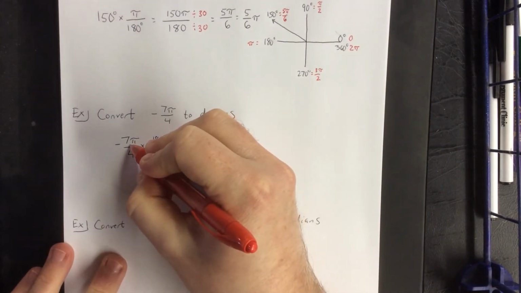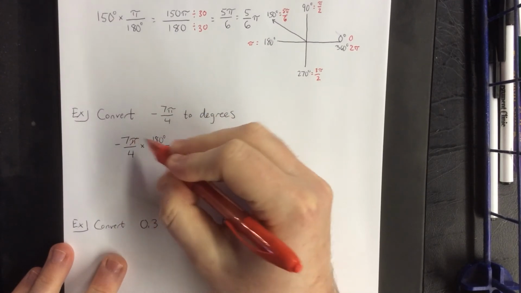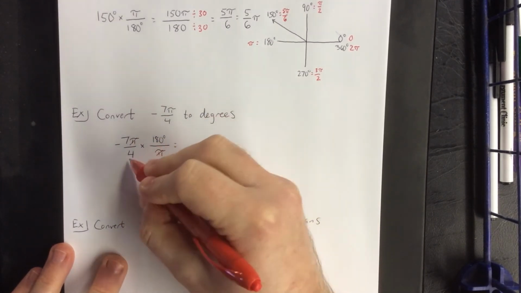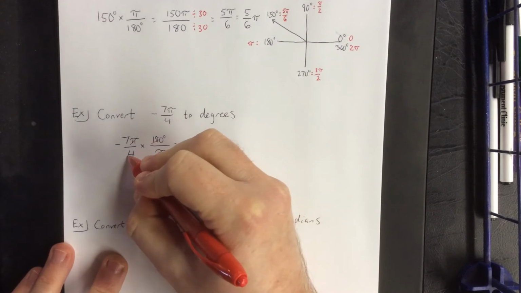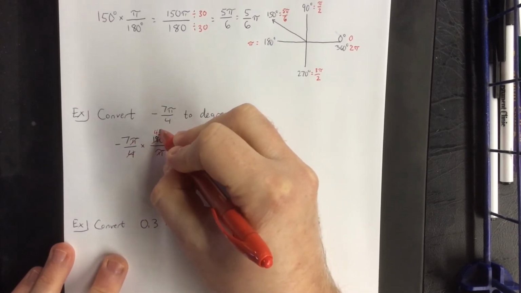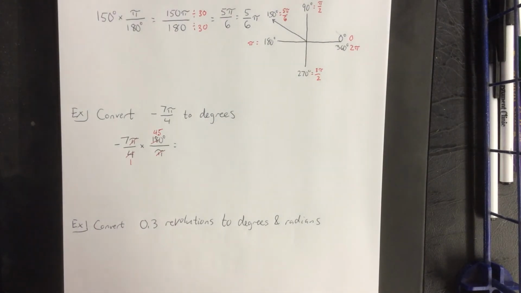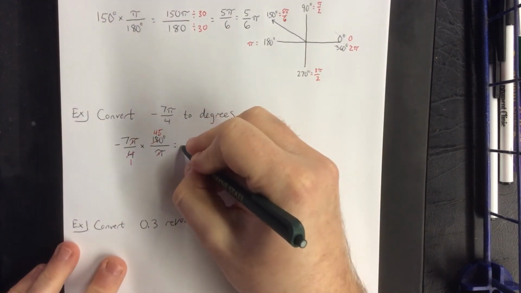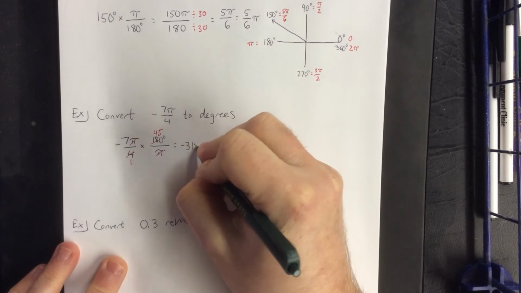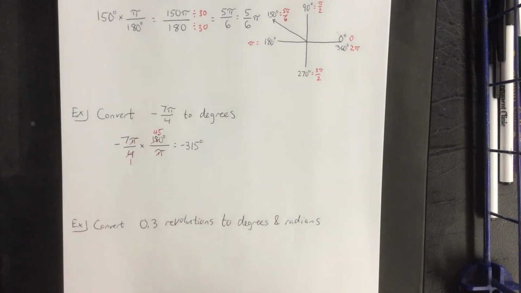So we can take the pi and the pi and cancel those out, one on top, one on bottom. 4 will go evenly into 180 a total of 45 times. What you're left with is 7 times 45, and you are welcome to make use of the calculator should you care to. This is negative 315 degrees.